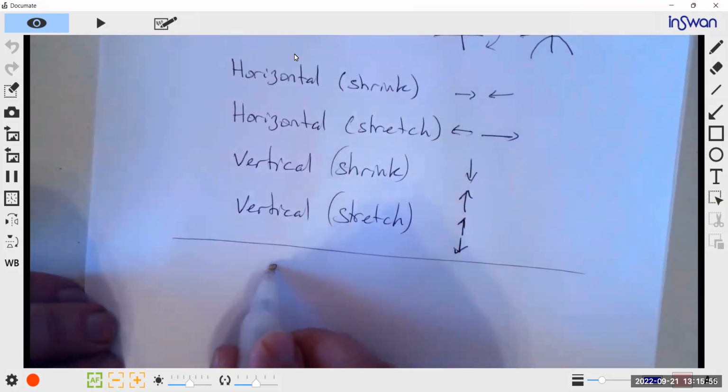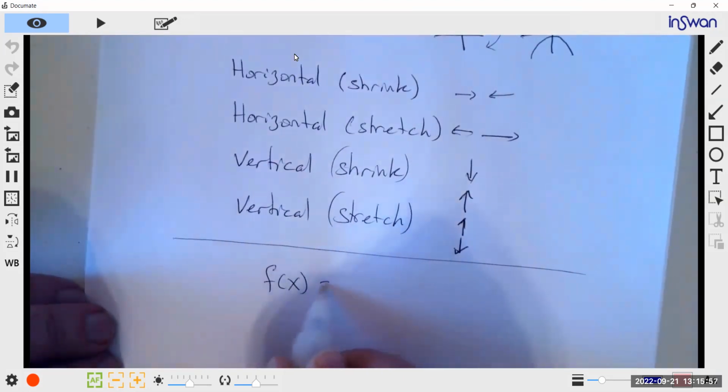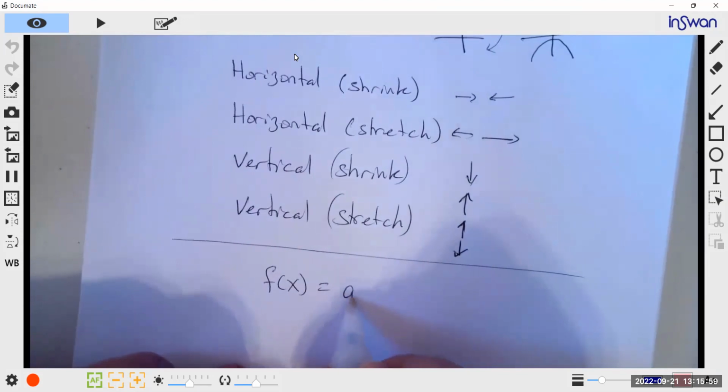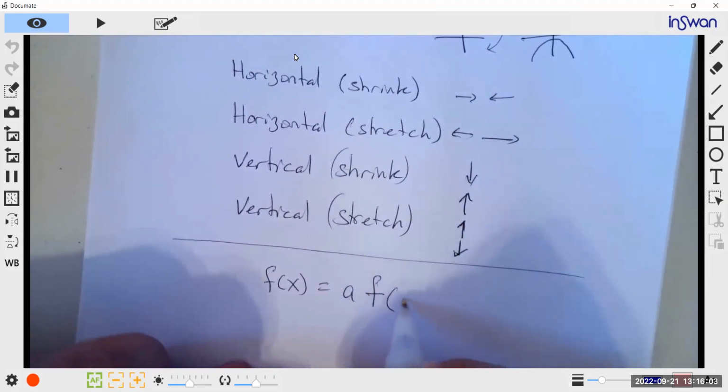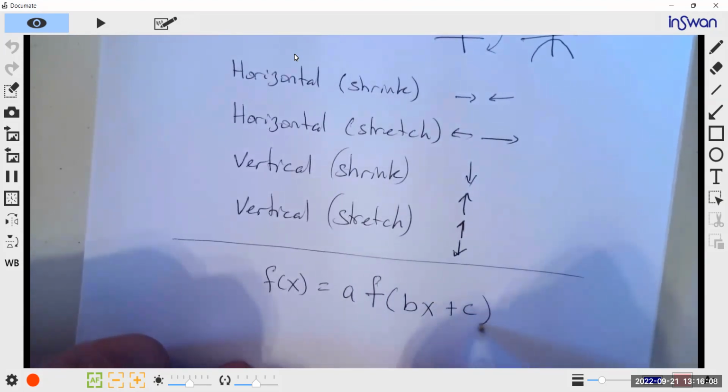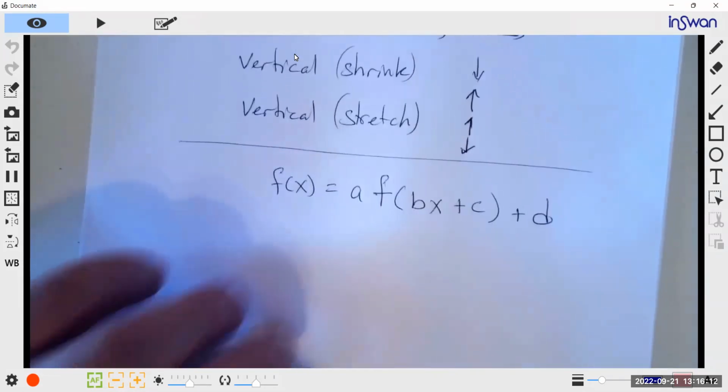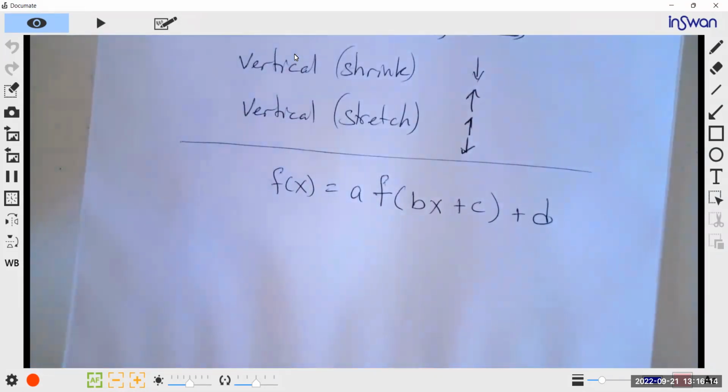So every function, I don't care what it is, every function has the same basic shape. There it is. A, B, C, and D. Each one does its own purpose.